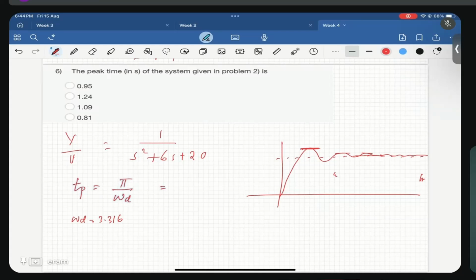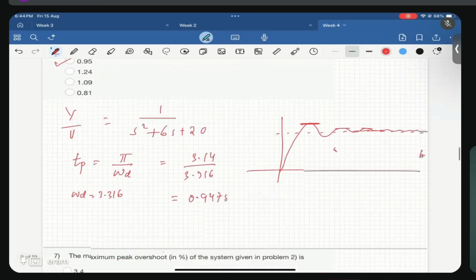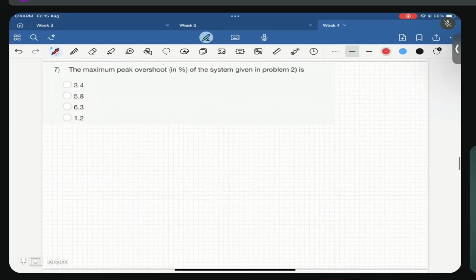So it will be 3.14 divided by 3.316, so you will get 0.947 second, which is close to 0.95. Okay, simple questions. Calculate the maximum peak overshoot.